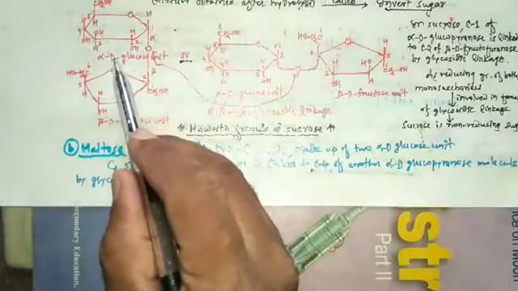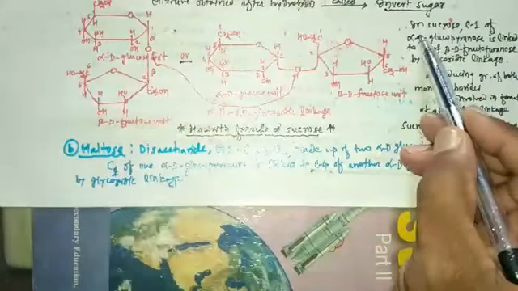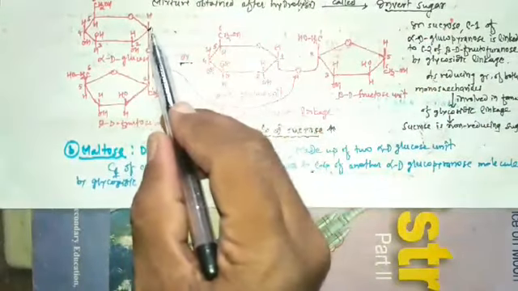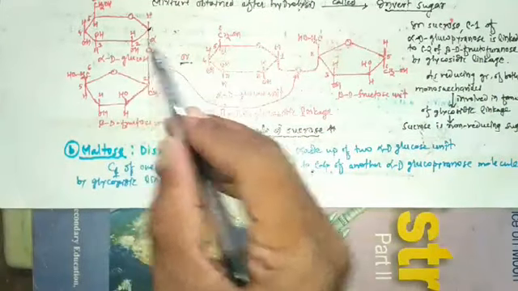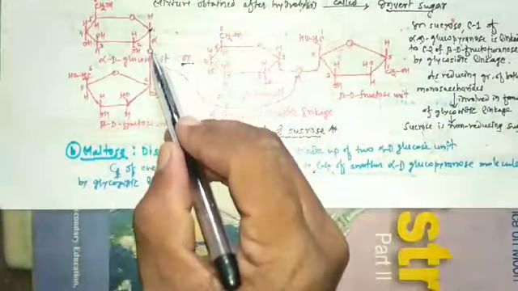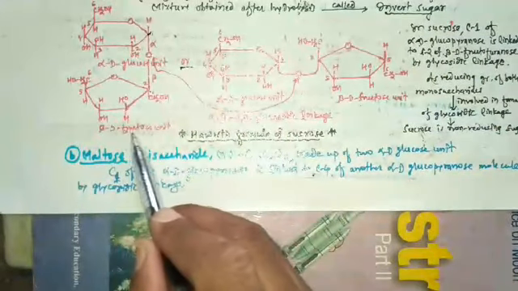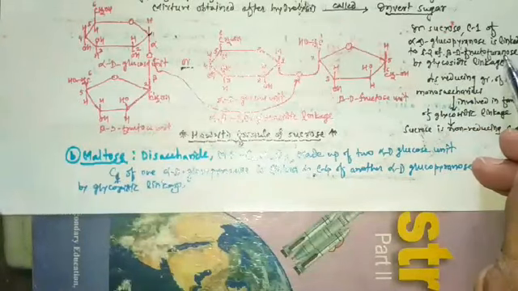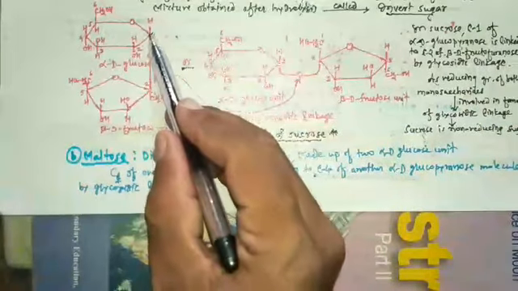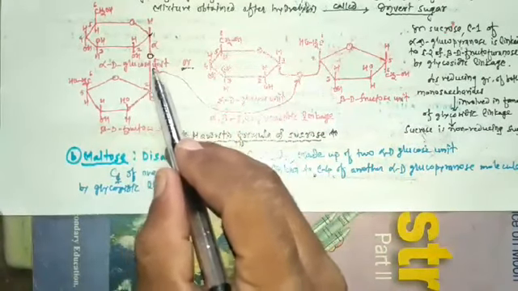This is the alpha D glucose unit, or its name is alpha D glucopyranose. C1 of alpha D glucopyranose is linked to C2 of beta D fructose unit, or C2 of beta D fructofuranose, and this linkage takes place through the glycosidic linkage.